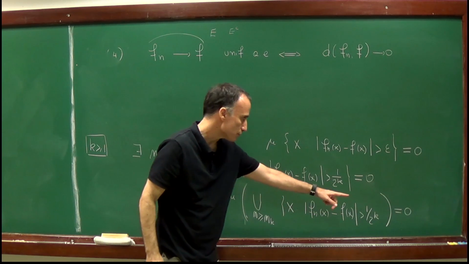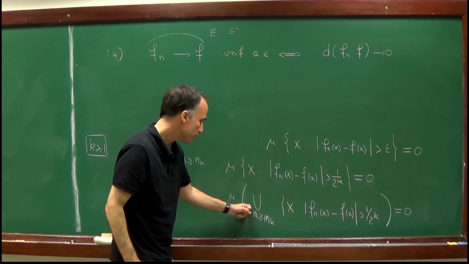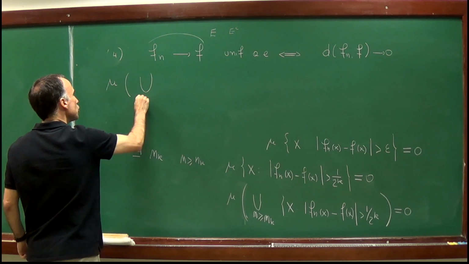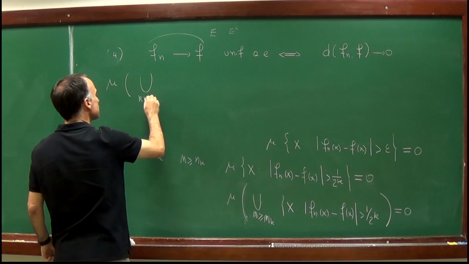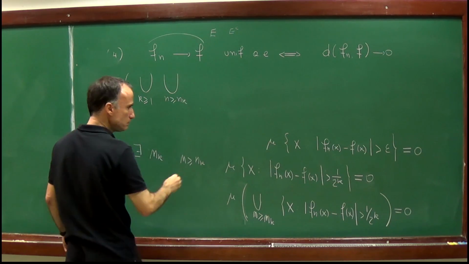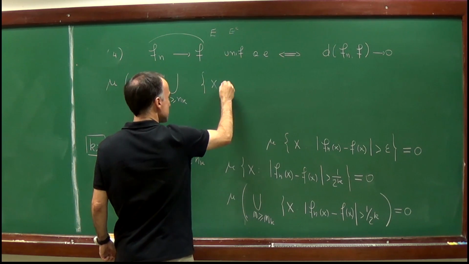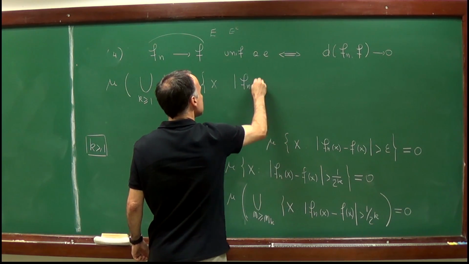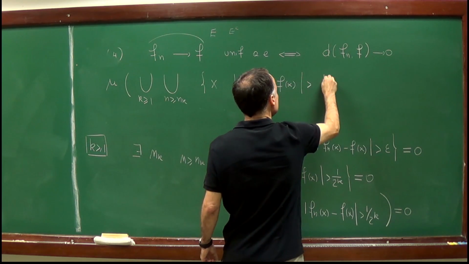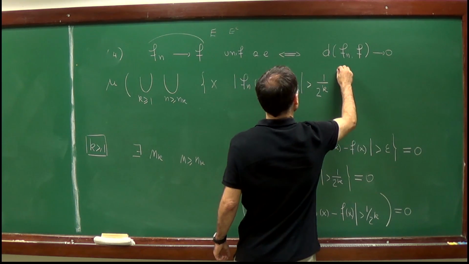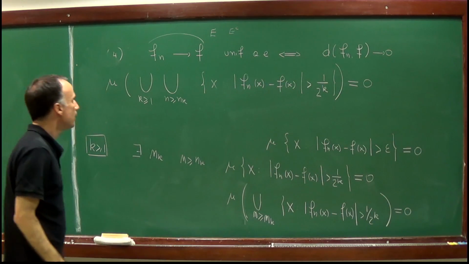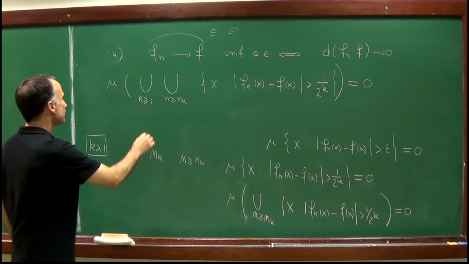Since the measure of each of these sets is equal to 0, I can take the union. So I conclude that the measure of the union over all k larger or equal to 1, the union over all n larger than nk of the x such that Fn(x) minus f(x) is larger than 1 over 2k, that this set has measure 0. Okay. And this is our set E complement.